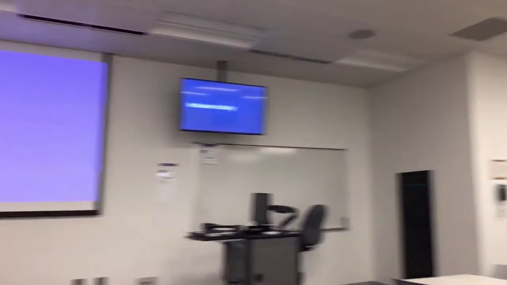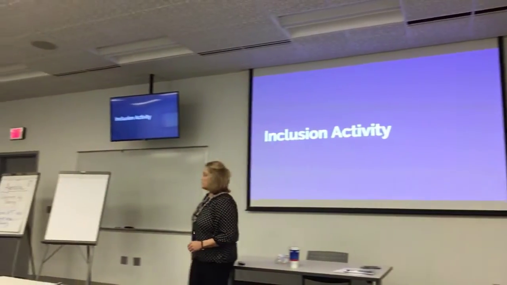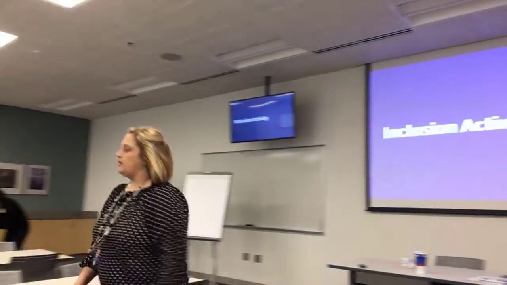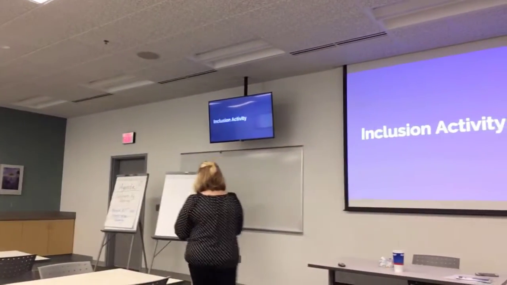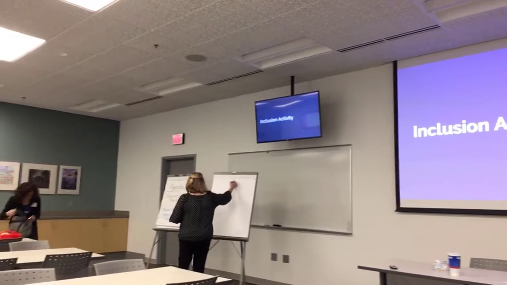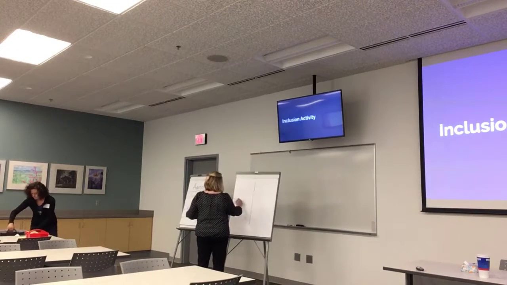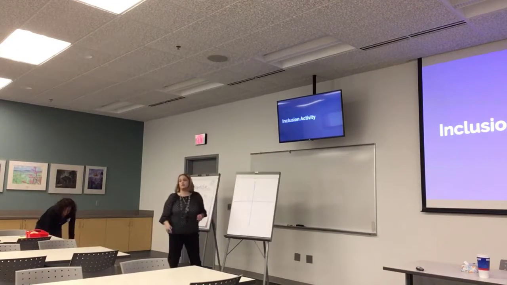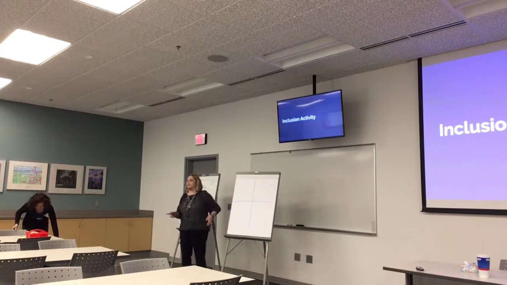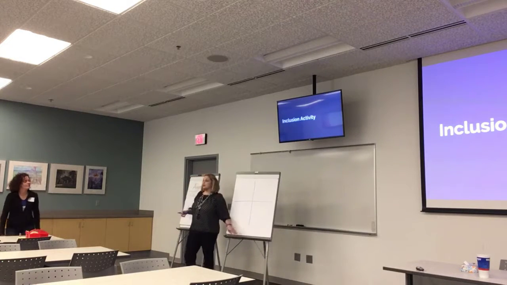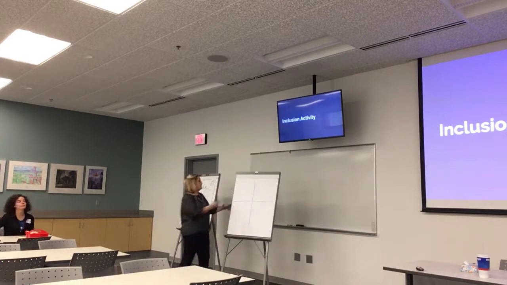You're going to need it. And I'm going to need a marker really fast. Thank you. Perfect. Okay. I need some objects. We're going to just have fun with our inclusion activity. It's not going to be anything related to academic productive talk because it's sunny outside and I thought it'd be fun.